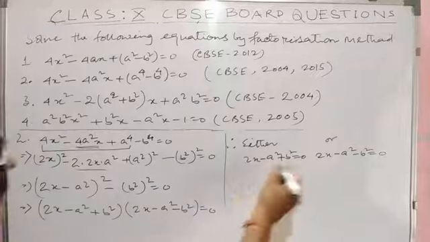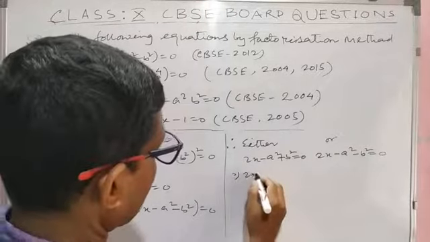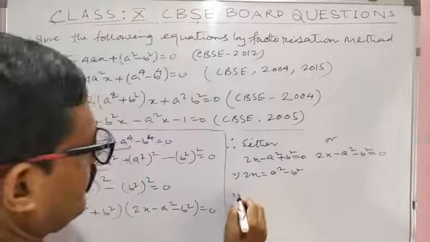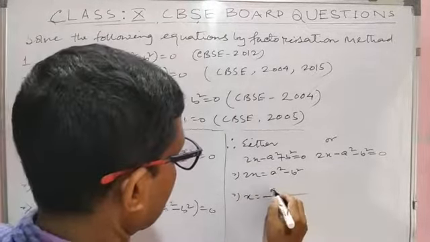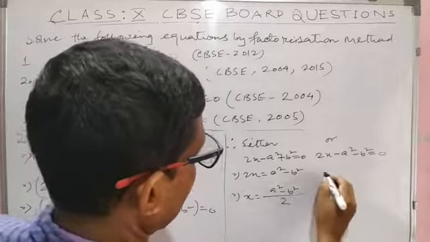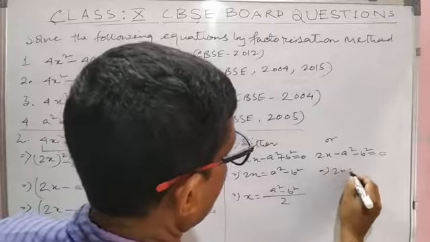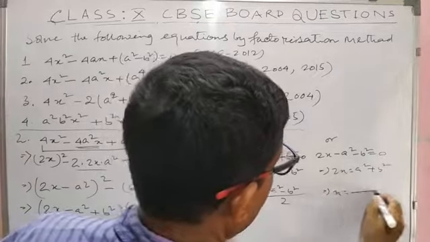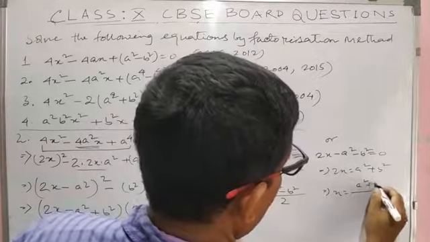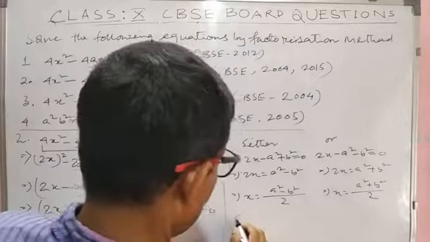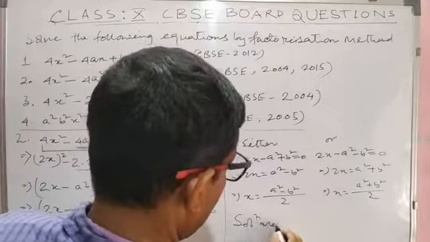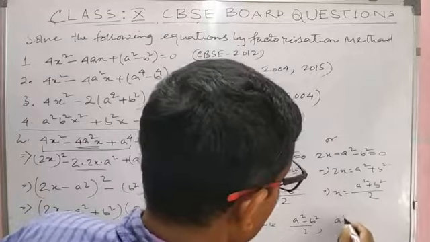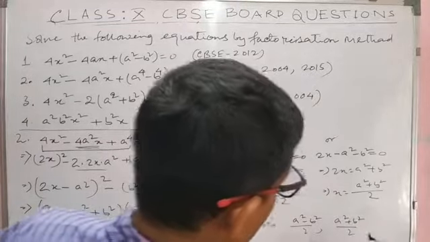Now transfer all this to that side, we get 2x = a² − b². This implies x = (a² − b²)/2. Here 2x = a² + b². This implies x = (a² + b²)/2. Therefore the solutions are (a² − b²)/2, (a² + b²)/2.